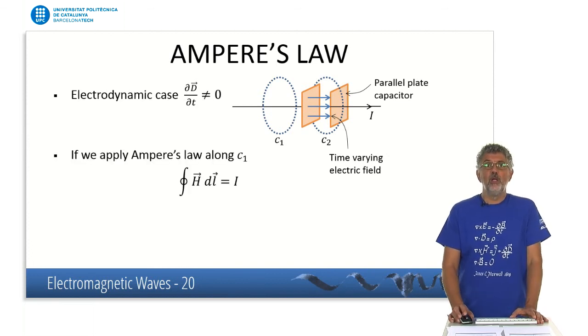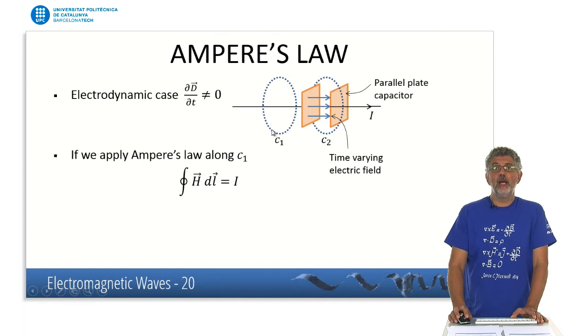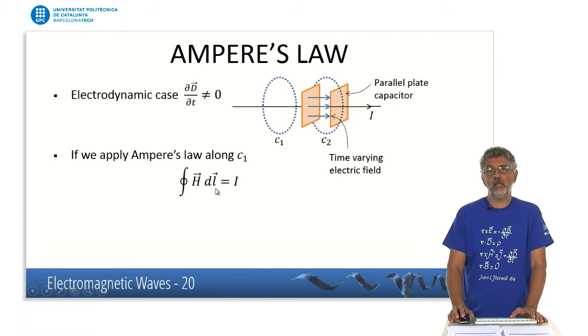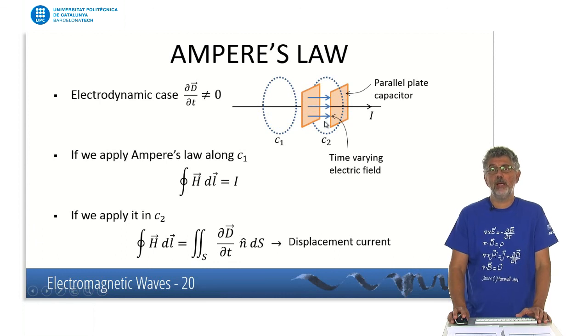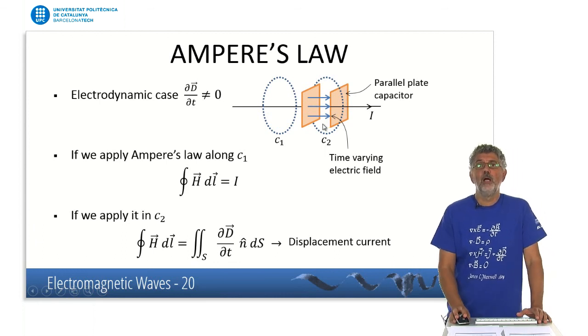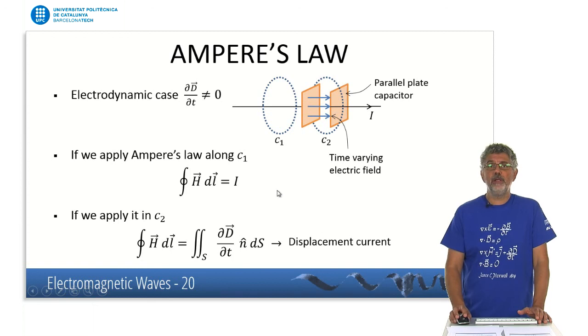Now, what happens if we apply Ampere's law in this path C1? Well, we are in a case similar to the previous one. If we apply it in C2, in that case we don't have a current here because there is that gap caused by the capacitor, but we have a time varying electric field.